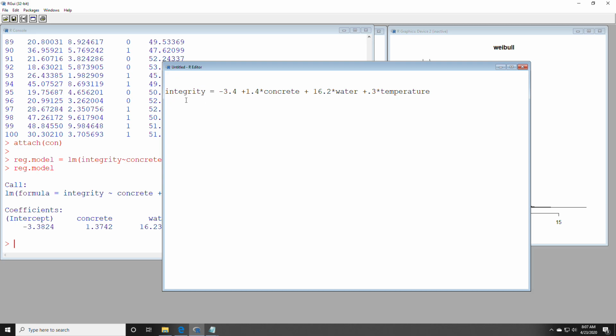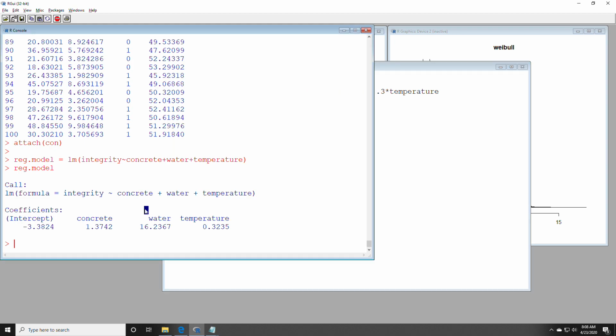And so anytime we want to predict the integrity, we just take the intercept and then plug in concrete, plug in water, plug in temperature, whatever values we might have for a certain concrete foundation, and then we get an estimated integrity score for such a concrete foundation. Okay. All right, so is this any good?